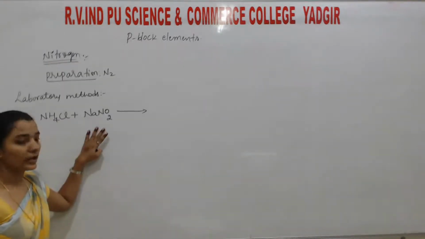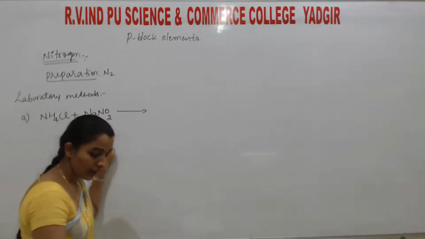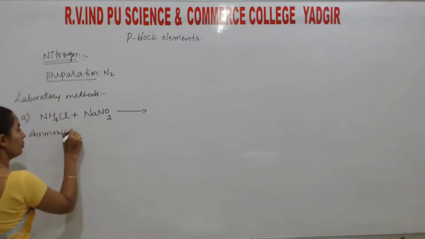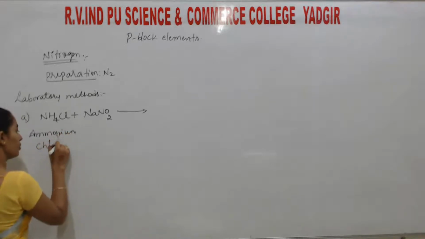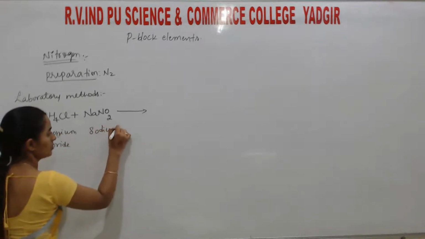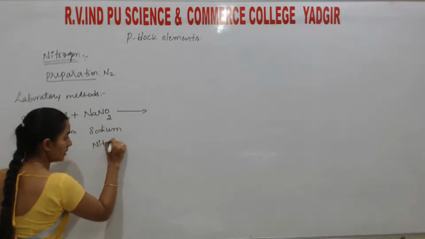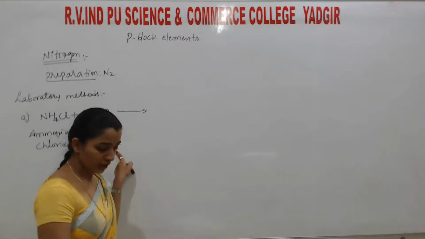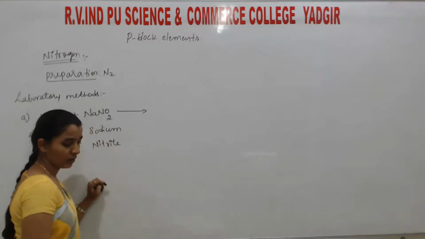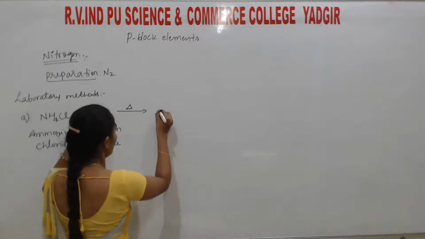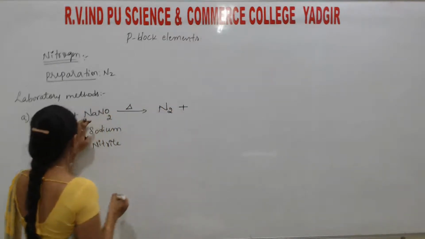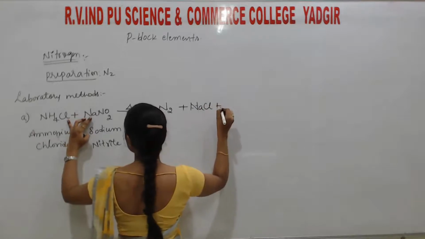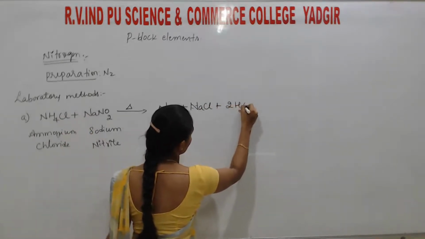That is sodium nitrite. If NO3 is there, that is nitrate, or ATE; this one is sodium nitrite, ITE. Ammonium chloride, next, when heated, gives N2 nitrogen plus NaCl plus 2 H2O.